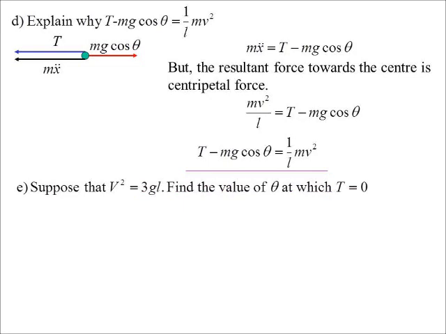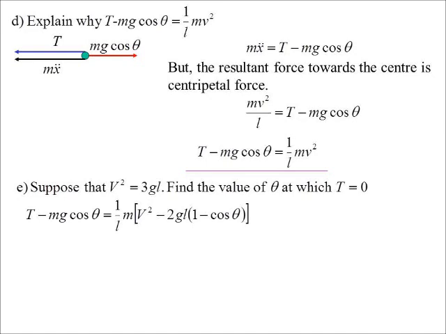Suppose that V squared is 3gl. Find the value of theta when this tension is equal to 0. So tension is now equal to 0. And what else have I done? I've substituted in for v squared the expression that we found in part C. So I've got capital V squared minus 2gl, 1 minus cos theta.